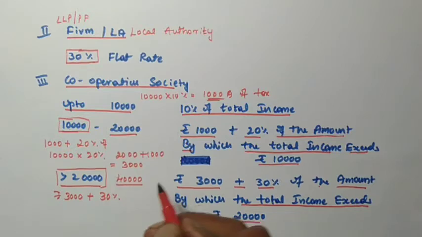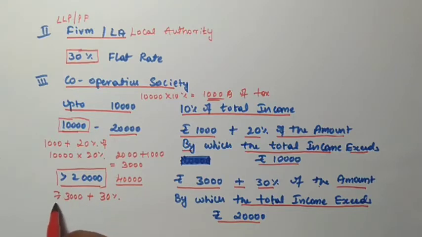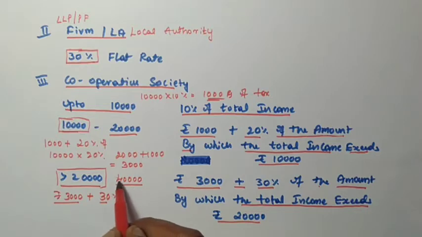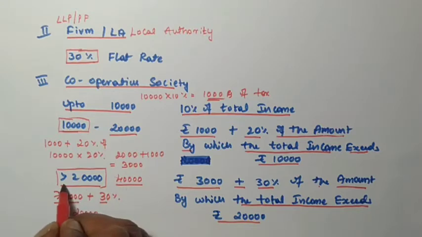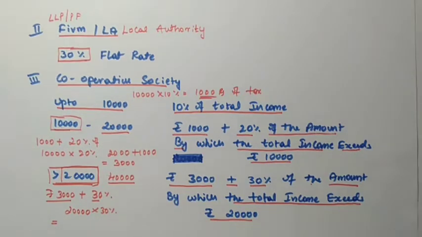On 40,000, the income tax liability will be 3,000 plus 30% of the excess of 20,000, that is 20,000 into 30% is equal to 6,000. So 3,000 plus 6,000, 9,000 will be the tax liability.